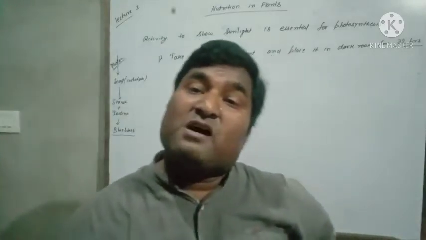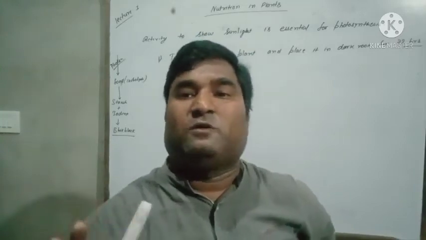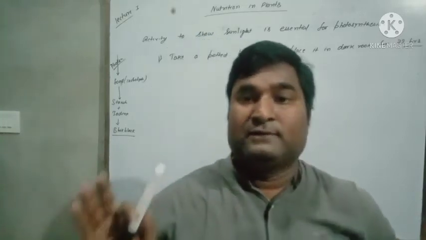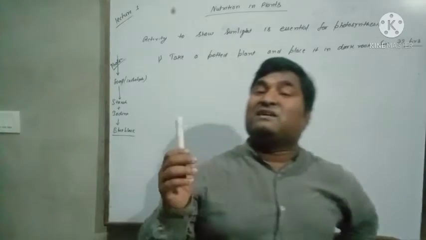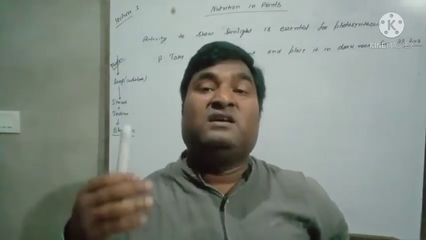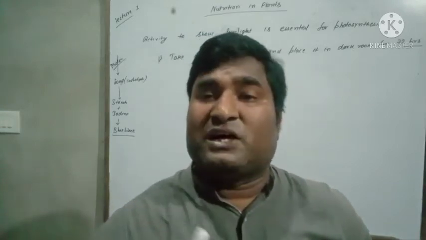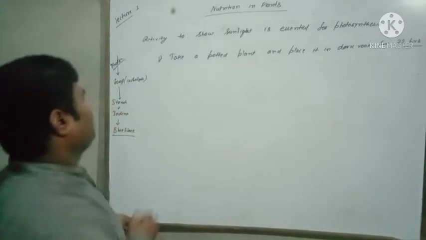For 72 hours there will be no food synthesized because there is no sunlight. So what the leaf will do, they will use the stored starch. The starch which is stored in the plant is used up by the plant.